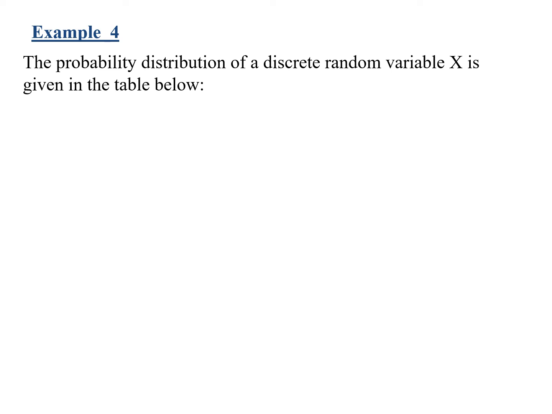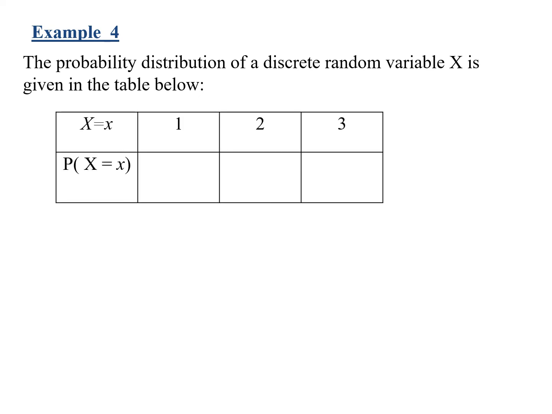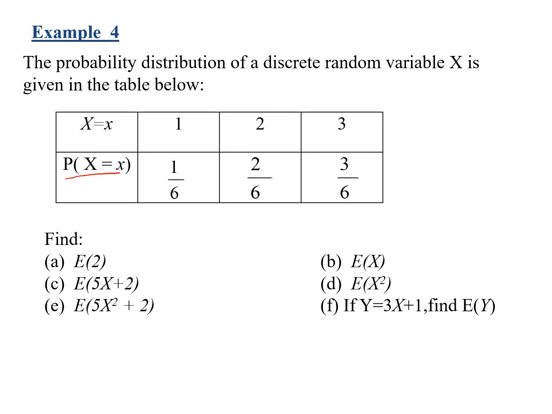Now let us look at example 4. The probability distribution of a discrete random variable X is given in the table below. Still the probability distribution function. The question asks us to find E(X), E(2), E(5X plus 2), E(X squared), E(5X squared plus 2). If Y equals 3X plus 1, find E(Y).